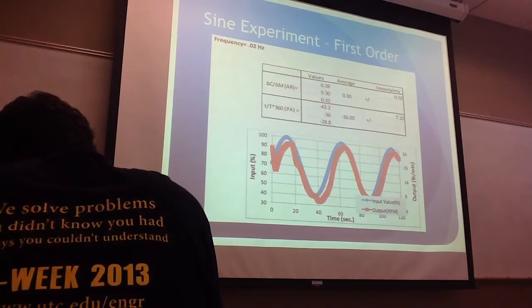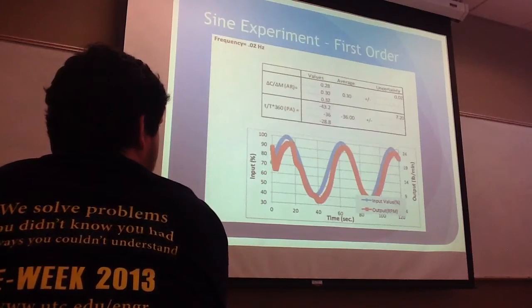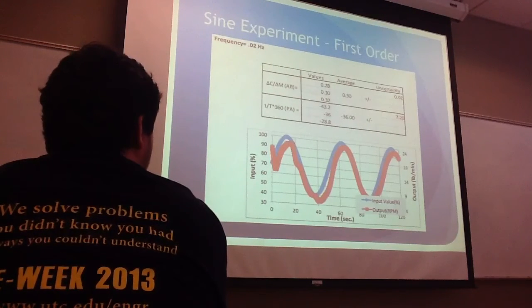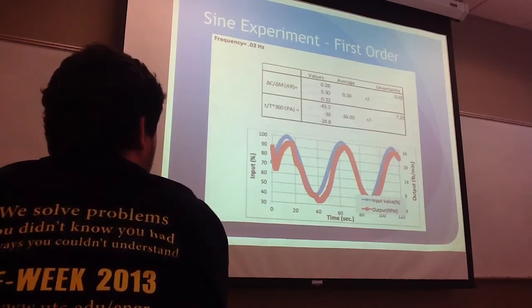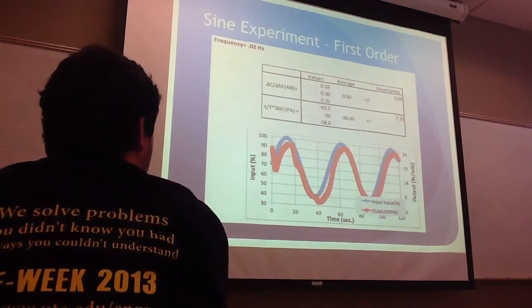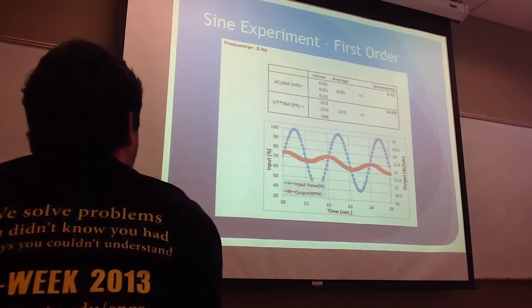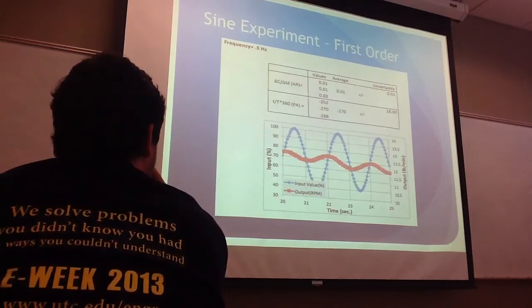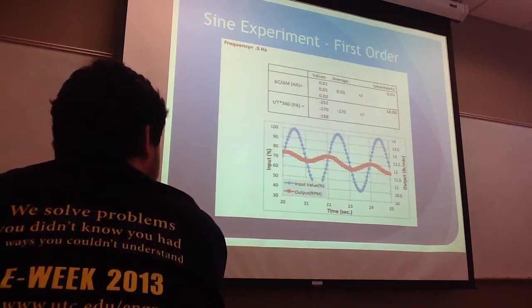And for the delta t, or the delta c, was the angle between the average for amplitude ratio is 0.3, and the average for phase angle is -36. Here's another example of our sine experiment, which was an average of 0.01 and an average of -270.